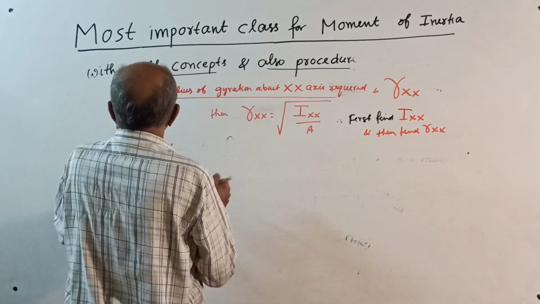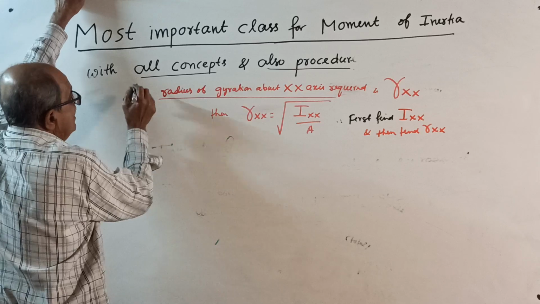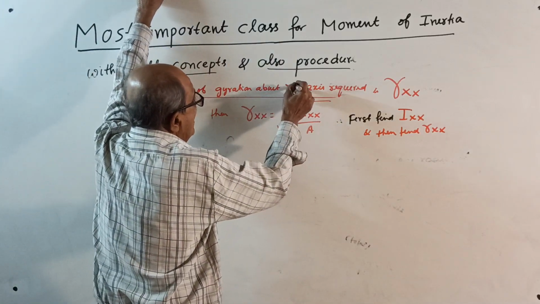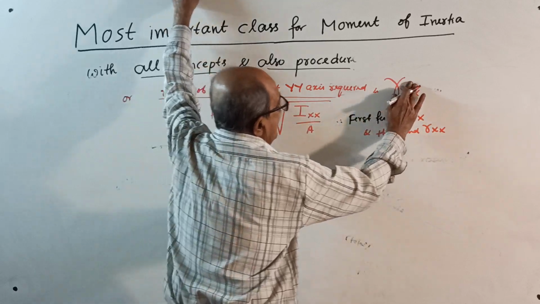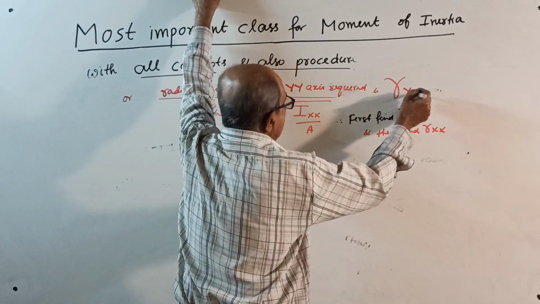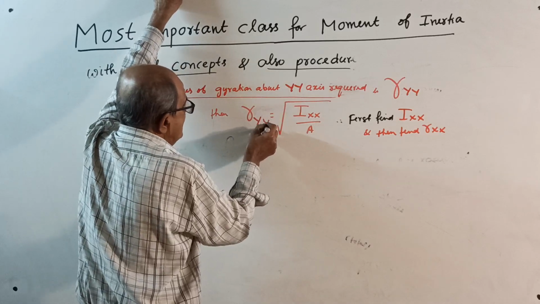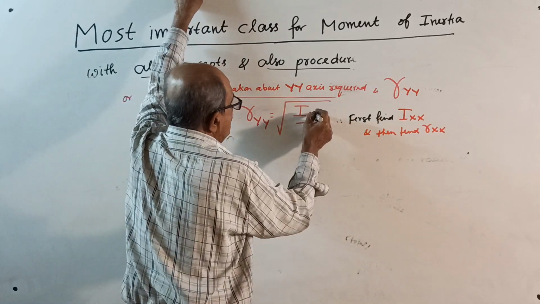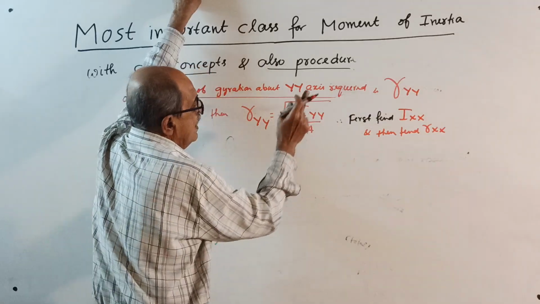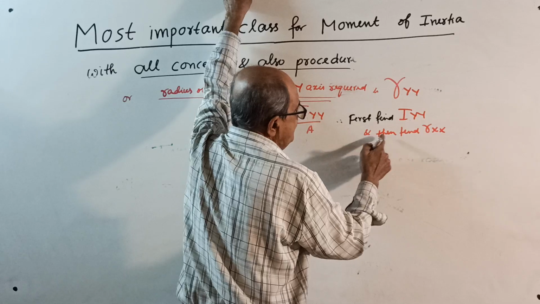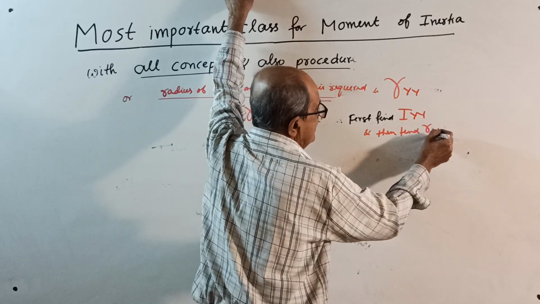Same way, suppose radius of gyration about the yy axis is required, that is Ryy, then Ryy equals square root of Iyy divided by area. First find Iyy and then find Ryy.